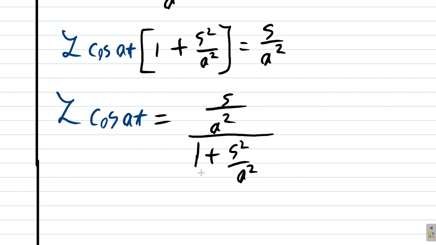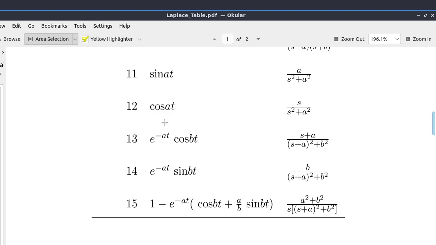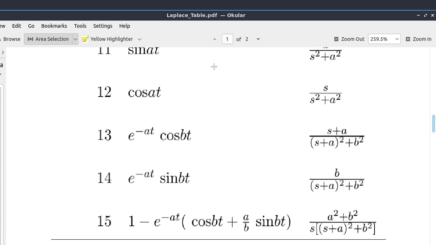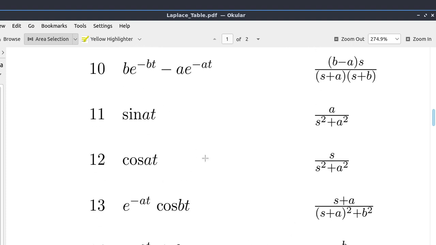Now, let us kind of simplify this. But before we do that, let us look at the table of Laplace transforms and see what it says. Okay, here it says the Laplace transform of cos AT is s over s squared plus a squared.